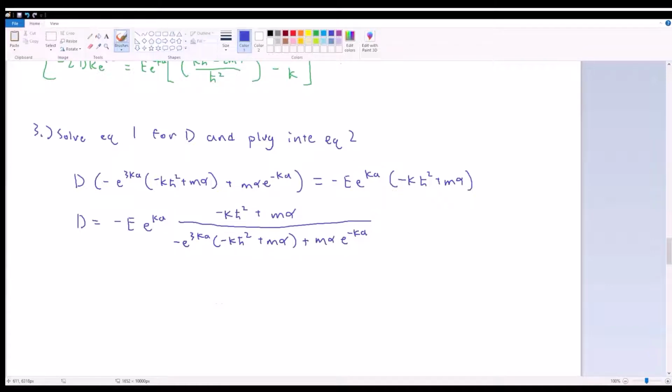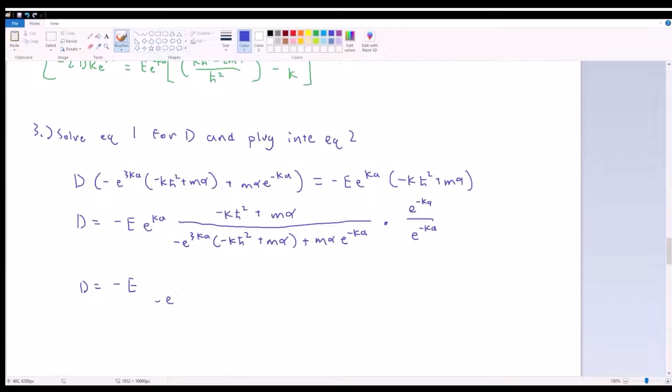We can multiply e to the ka to the bottom, so in that case D is going to equal negative e, and then let's see, negative e times, so if we want to multiply this by 1 over e to the, or instead of doing that, let's just multiply e to the negative ka over e to the negative ka to get rid of the e to the k at the top.